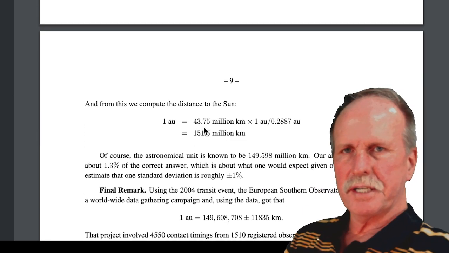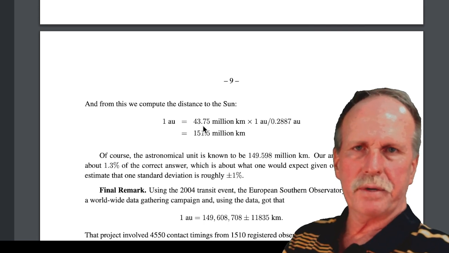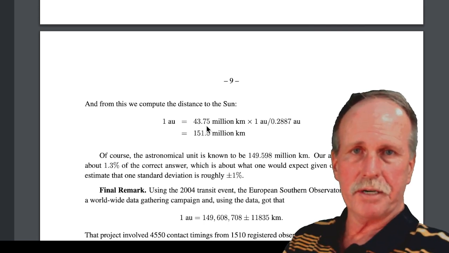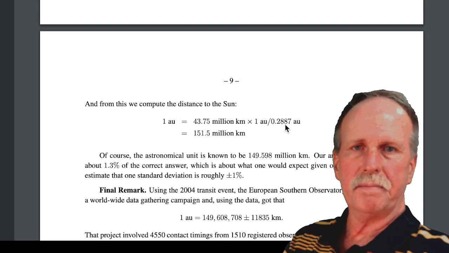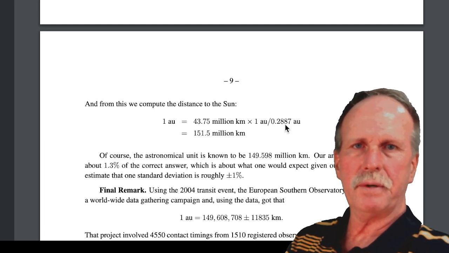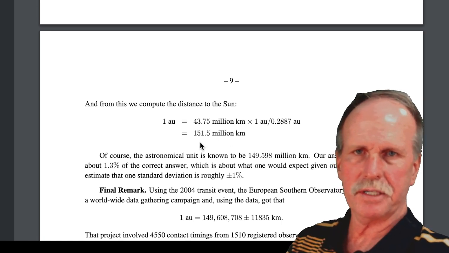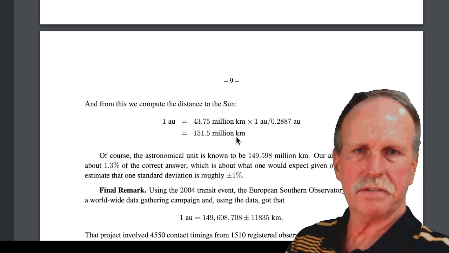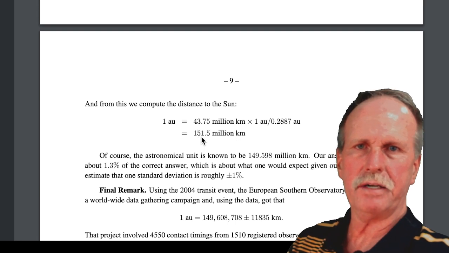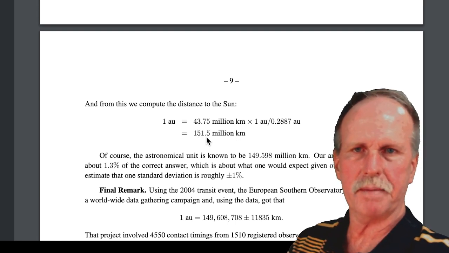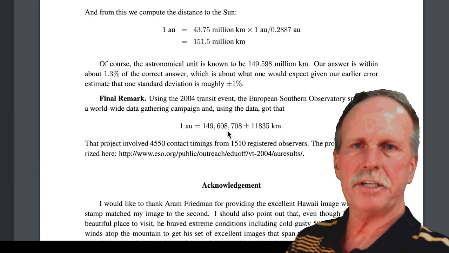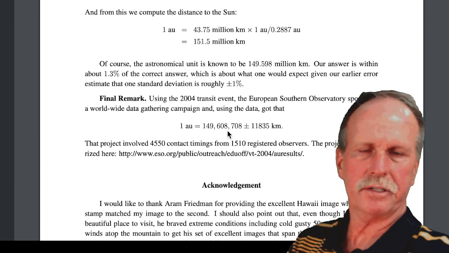And since he measured the distance from the Earth to Venus at 43.75 million kilometers and divided it by the fact that it's 0.2887 astronomical units between the Earth and Venus, he comes up with a distance for one astronomical unit of 151.5 million kilometers. Here's the same calculation from the 2004 transit.